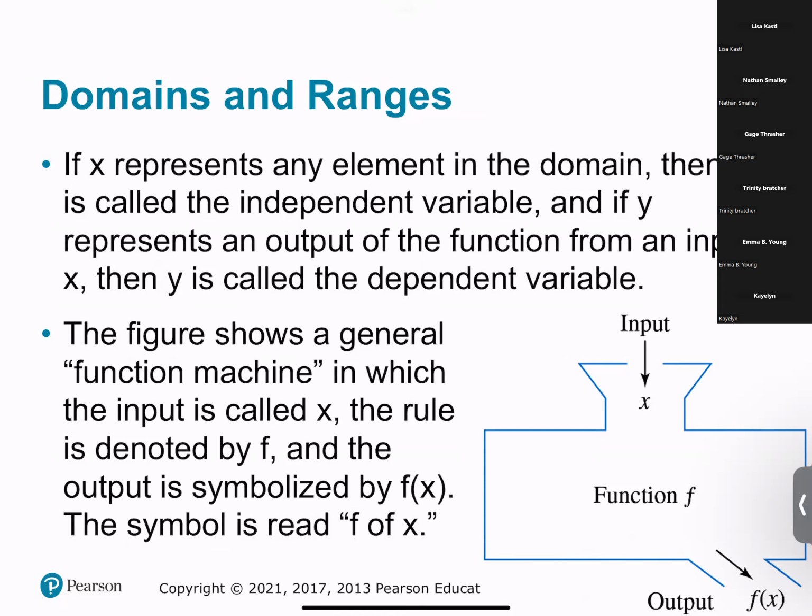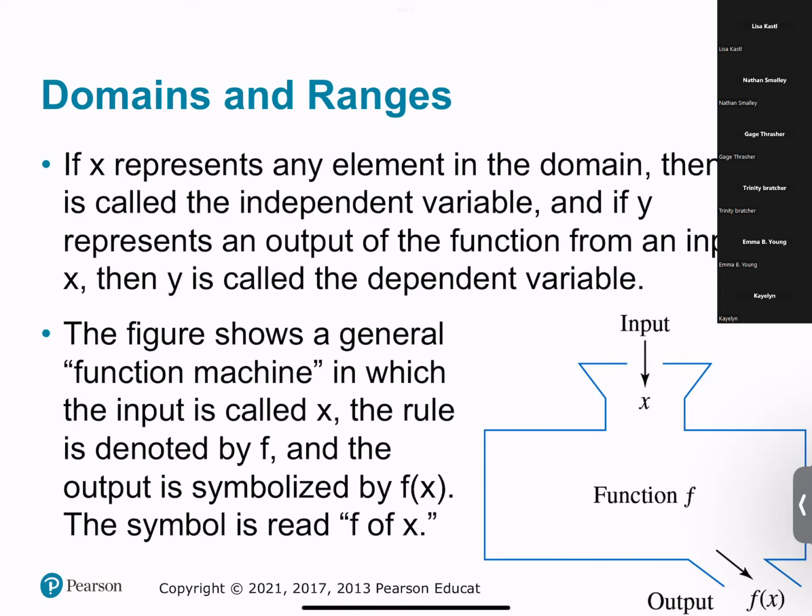So X, usually we use X to represent the inputs in a function. So the variable X represents an element in the domain of your function. So in the previous example where we used degrees C and degrees F, X could be any temperature in degrees Celsius.